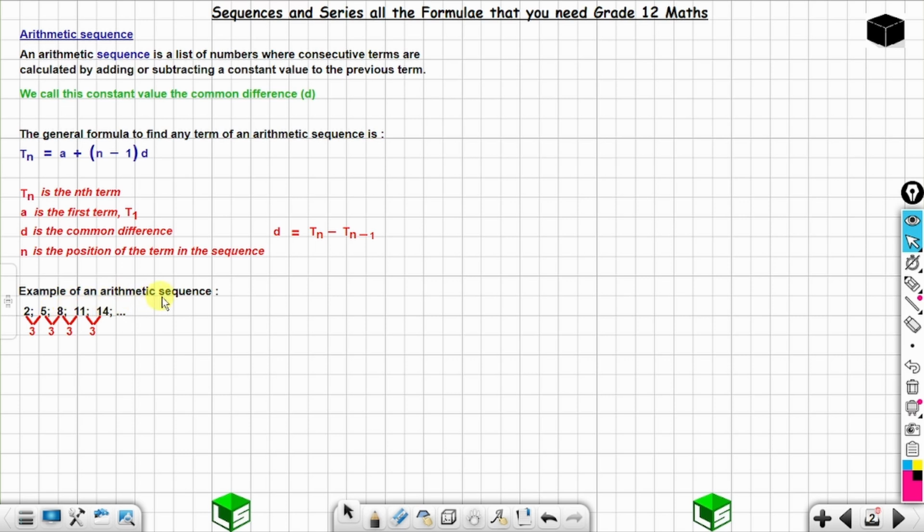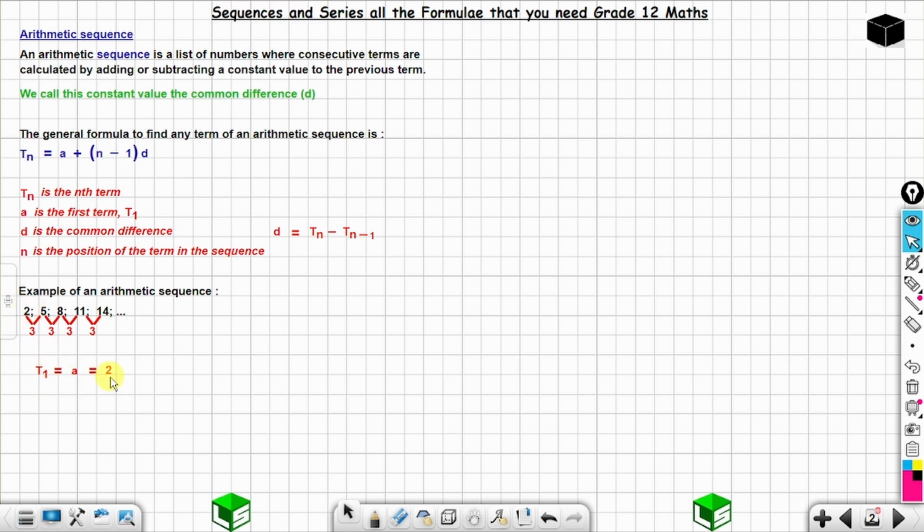From this example, you know T1 is equal to 2. T1 is A, and in this example, T1 is 2, the first term.